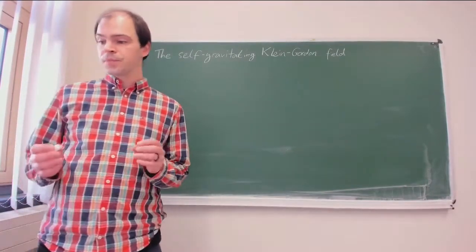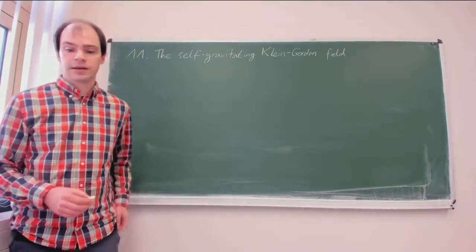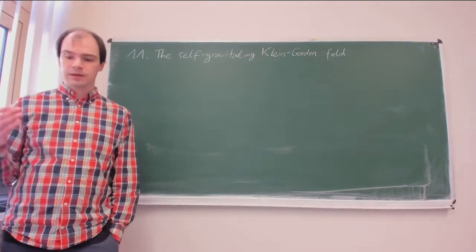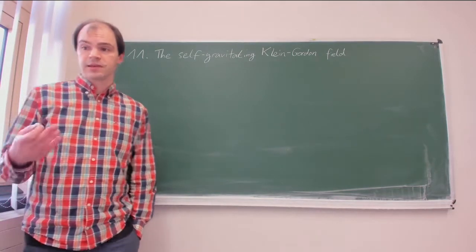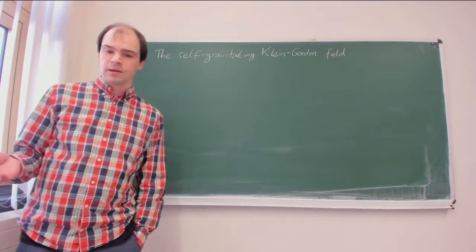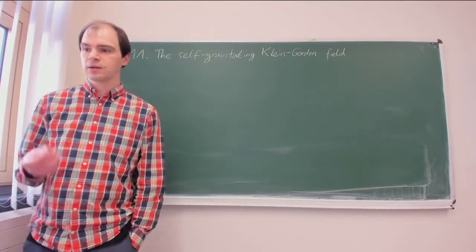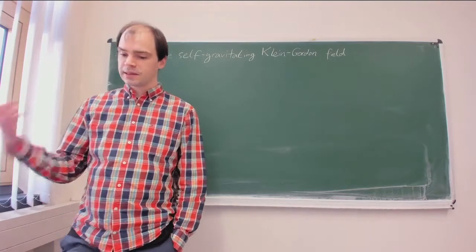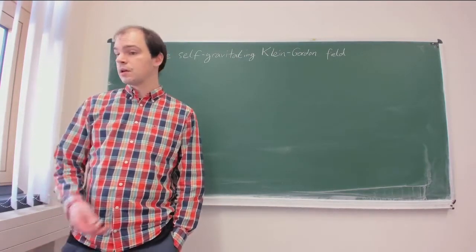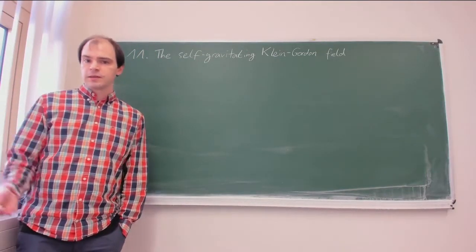So what we did in the previous lecture, lecture 10, was that we studied the Klein-Gordon field and we studied the non-relativistic limit of the Klein-Gordon field on a curved spacetime. So we were asking, if we have matter, quantum matter that we can describe relativistically by the Klein-Gordon equation, and we have this matter on a spacetime with a generic curvature, what is the Schrödinger equation?